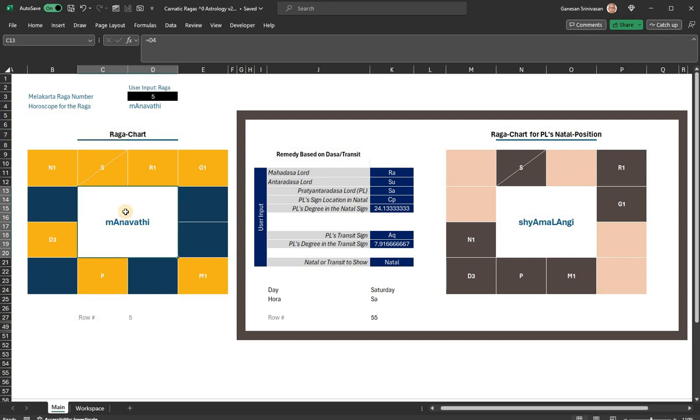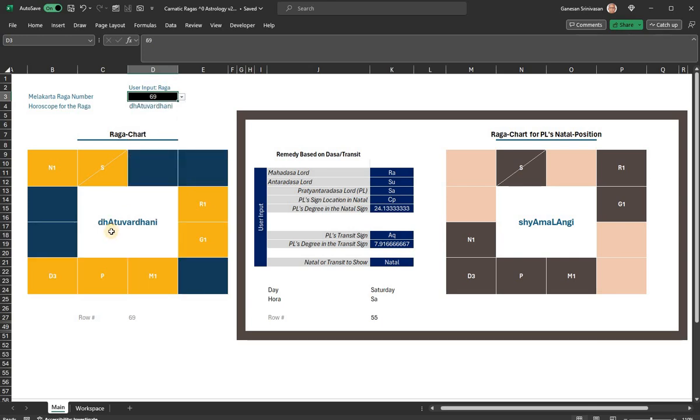That person has to listen to that raga, and you will be getting the remedy. That's the idea. And this is the entire 72 Melakarta raga chart. If you want to erect the chart for any raga, you just put the number there, and it would immediately erect the chart for that. So that would be a ready reckoner for each rasi.